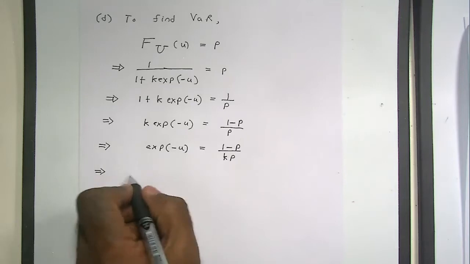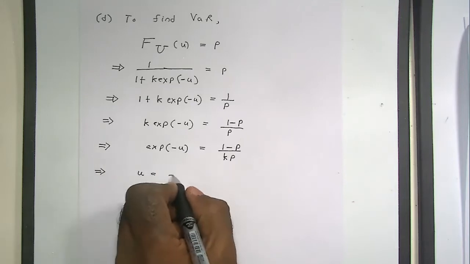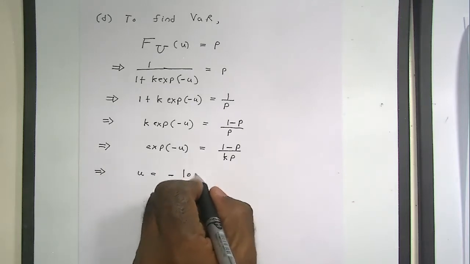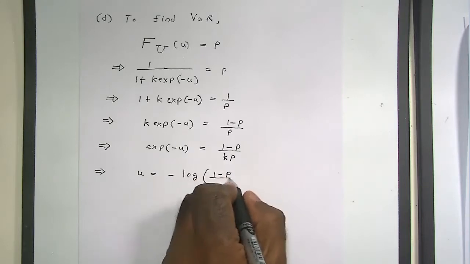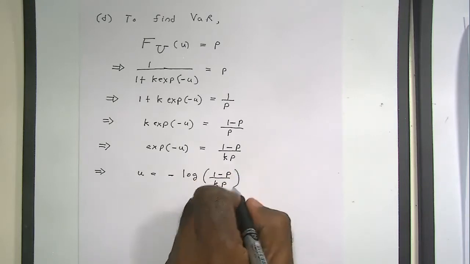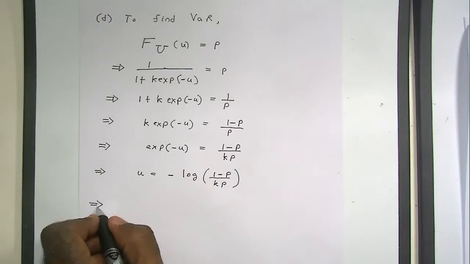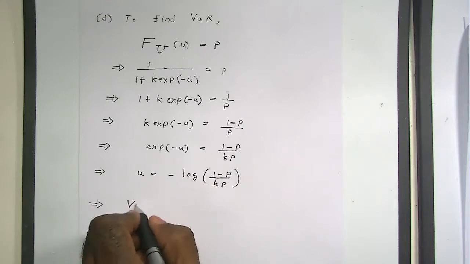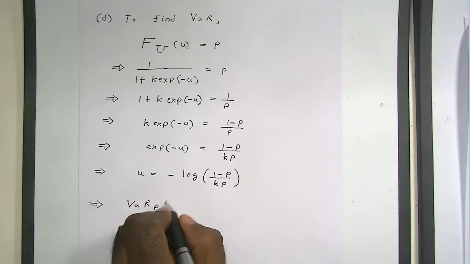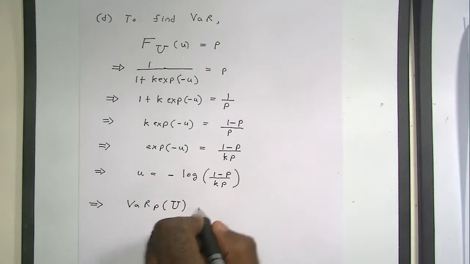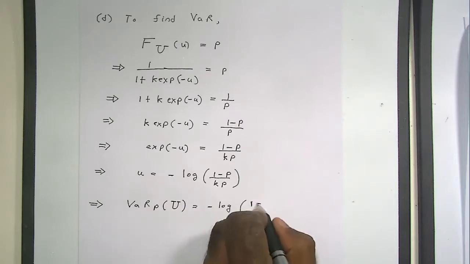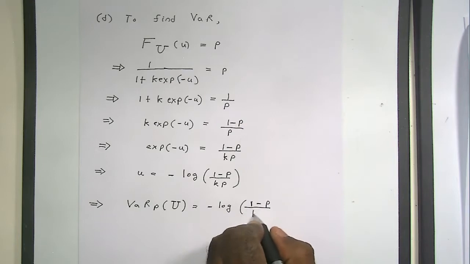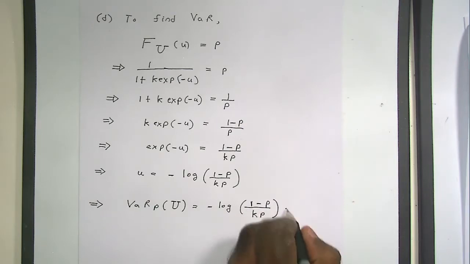So u will be minus log of 1 minus p divided by kp. So this implies that your value at risk of U is minus log of 1 minus p divided by kp. So that completes part D.